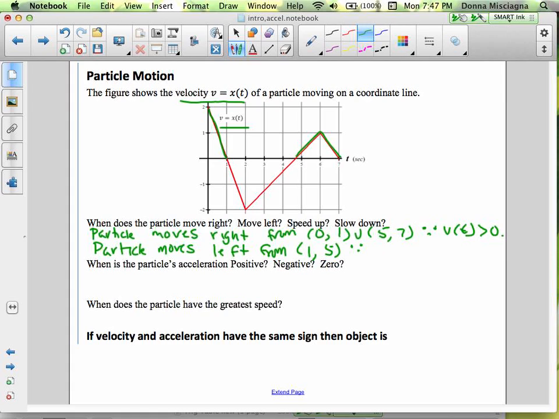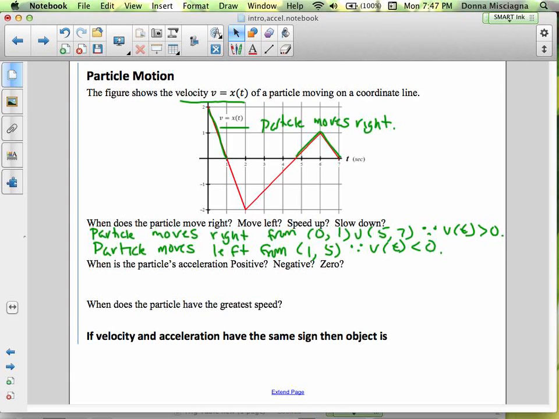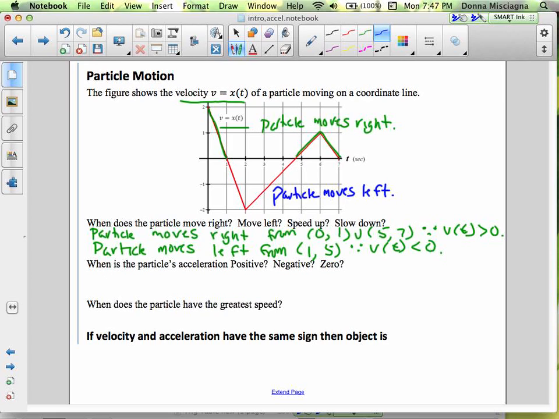And we know that because the velocity is less than 0, right? So here, particle moves right. Down here, particle moves left. So it's pretty easy to analyze position from velocity.